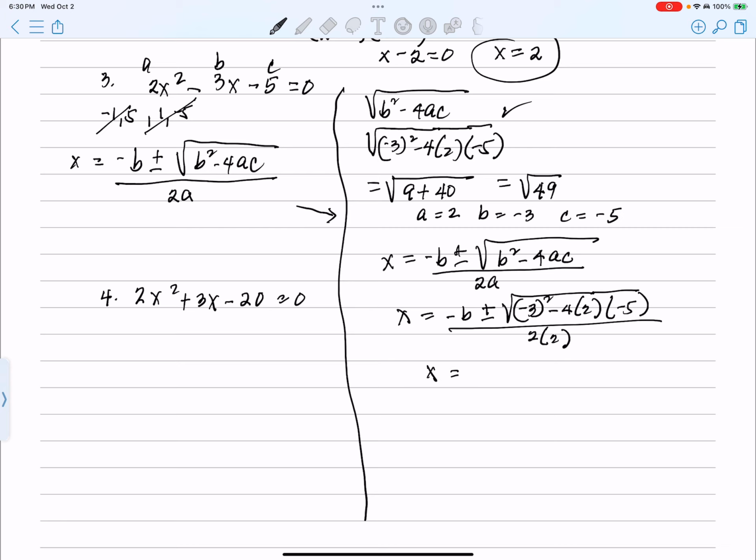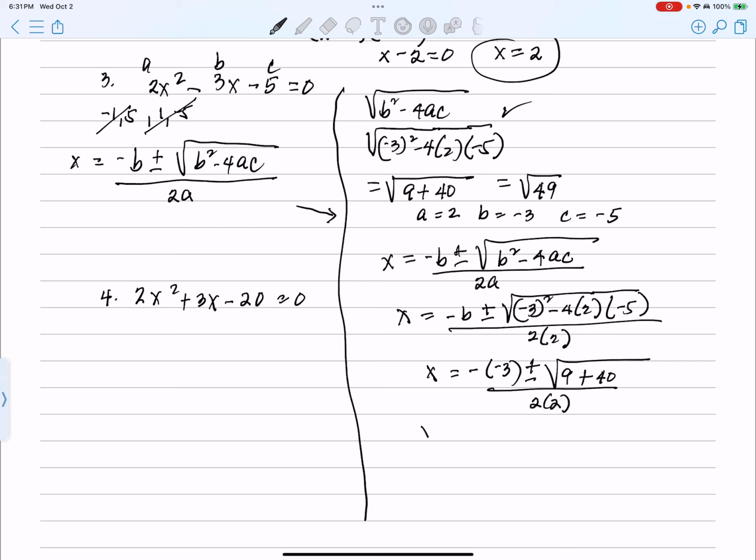So we substitute. b is negative 3, so negative and negative 3, that's a double negative, right? Plus and minus, that's 9. Negative 4 times 2, that's 8. Negative 8 times negative 5, that is 40, over 2 times 2.